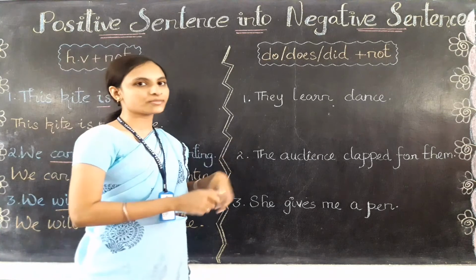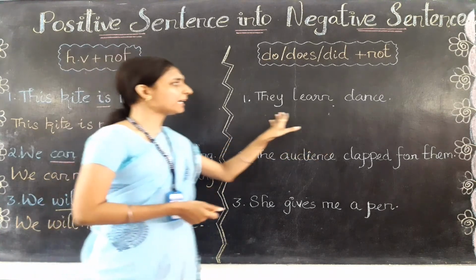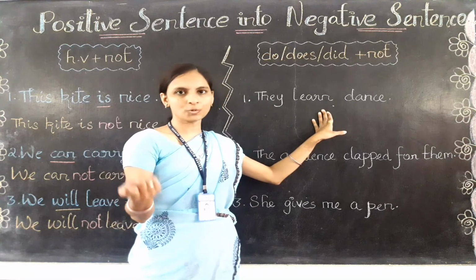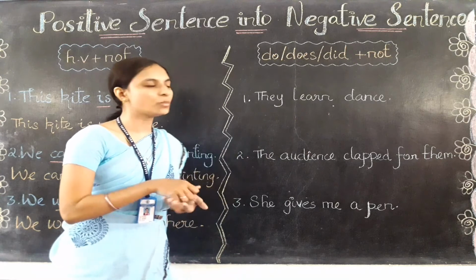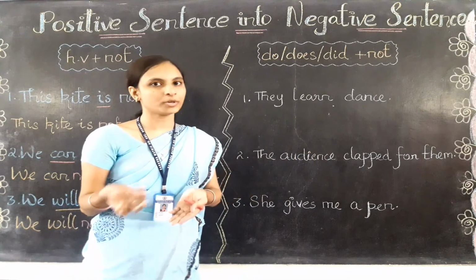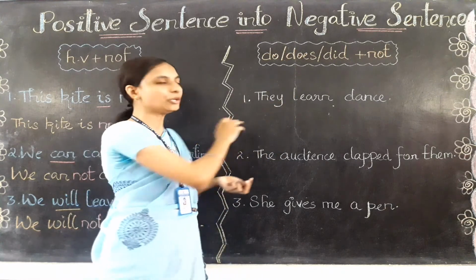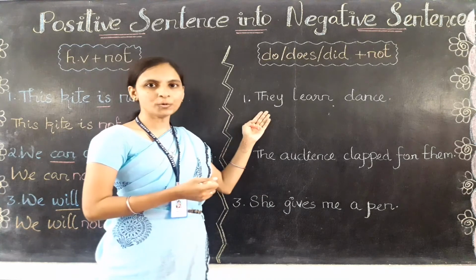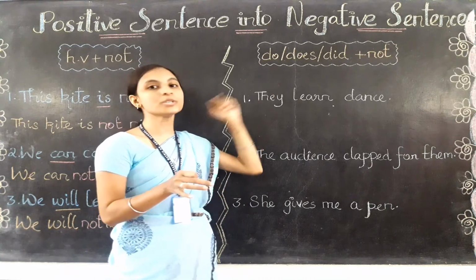Now let's look at the first sentence: they learn dance. Here, can you find any helping verb? No, there is no helping verb, so we are going to use the do family verb. They learn dance talks about the present event, so we need to use do or does according to the subject. Here the subject is plural, that is they. For a plural subject in present we will use do only.